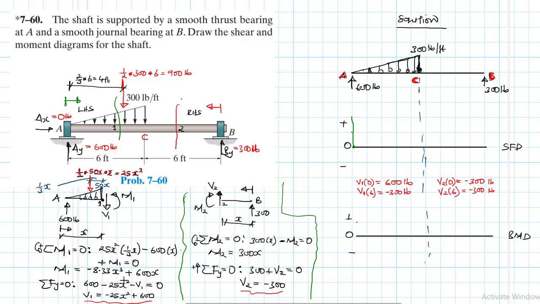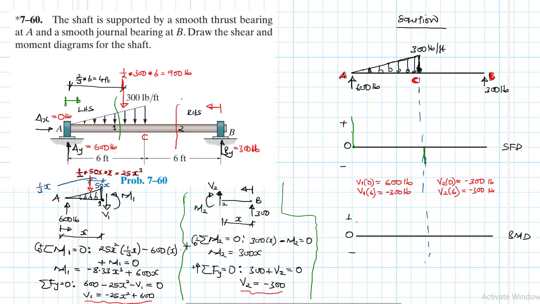And then V1 when X is equal to 6, it is 300. This is just on the left hand of C. So we have these 2 points.